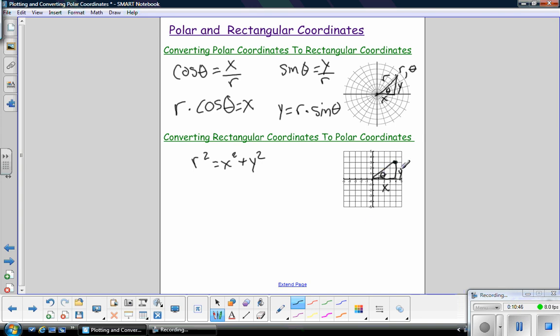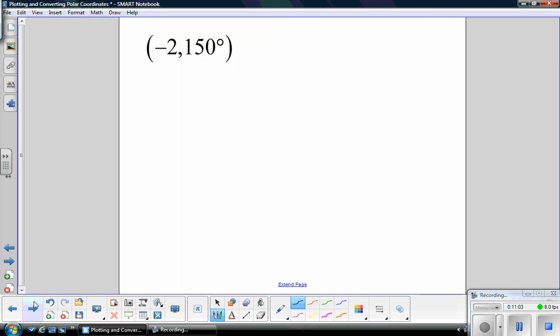Well, what do I know? I know y over x is the tangent value: tangent of theta is equal to y over x. And then you're going to have to do some adjusting depending on what quadrant you're in, but I'll go through an explanation of that.